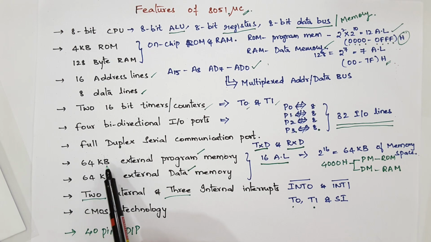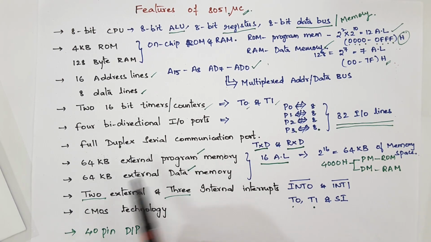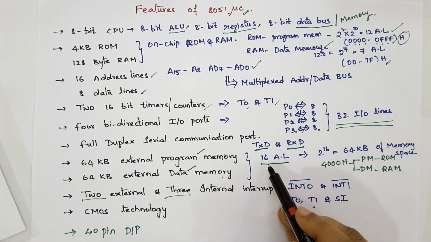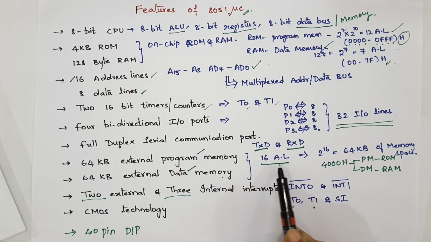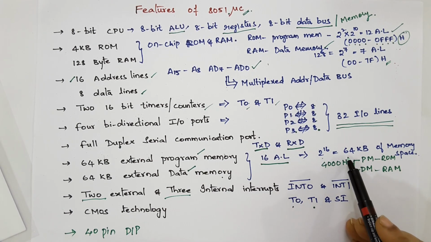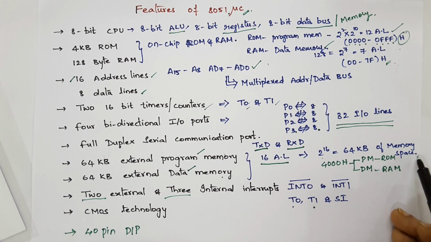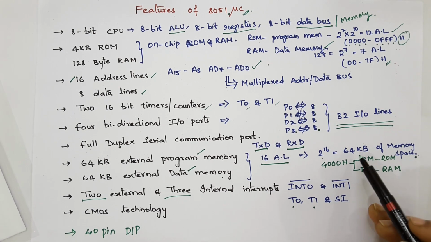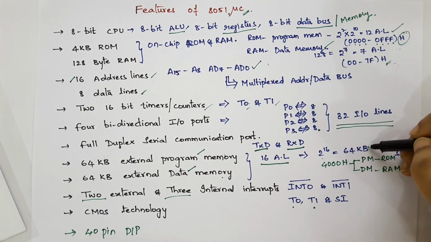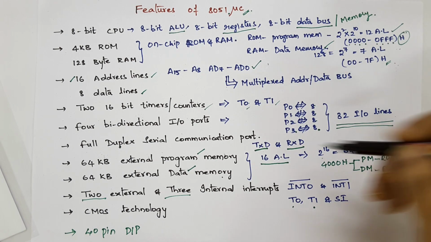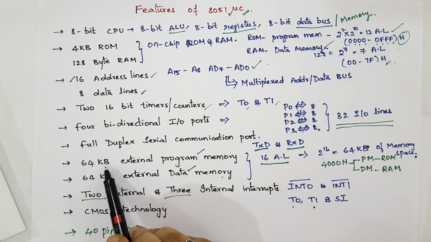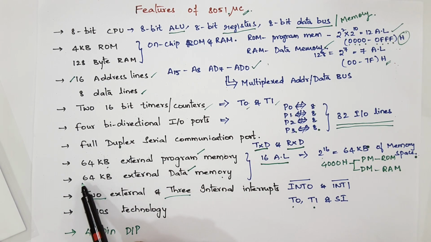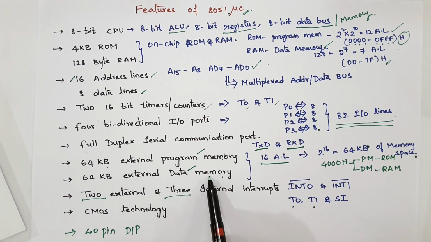Next, 64 KB external program memory and 64 KB external data memory. So we already know that 8051 has 16 address lines. Having 16 address lines, 2 power 16, 64 KB of memory space. So 8051 at a time can be interfaced to one copy of 64 KB of program memory and another copy of 64 KB of data memory.